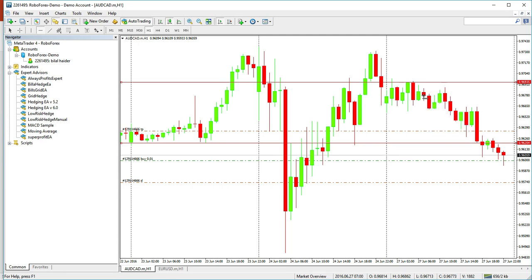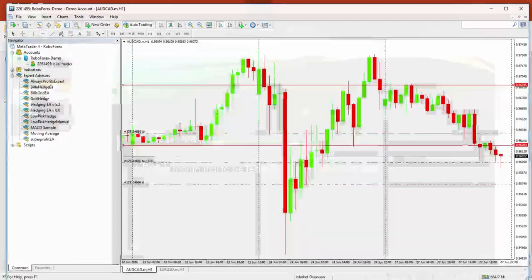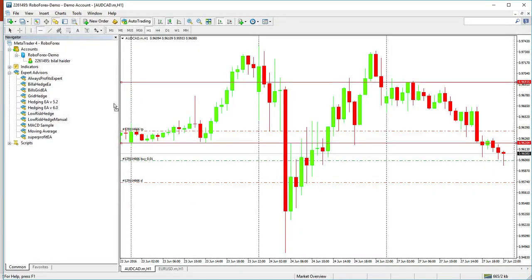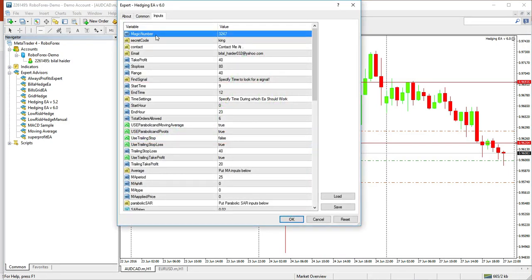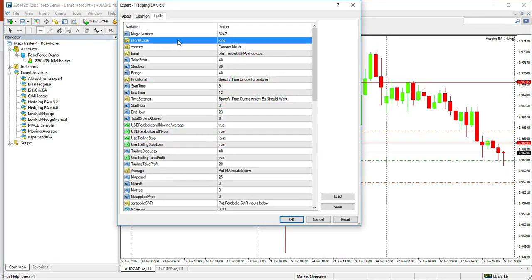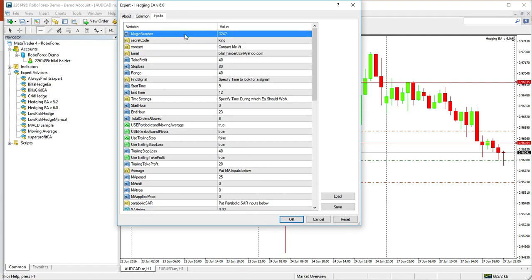You can start a new sequence at any time on the same currency pair. So how will you do it? You will be using this magic number and this secret code combined to start a new sequence.